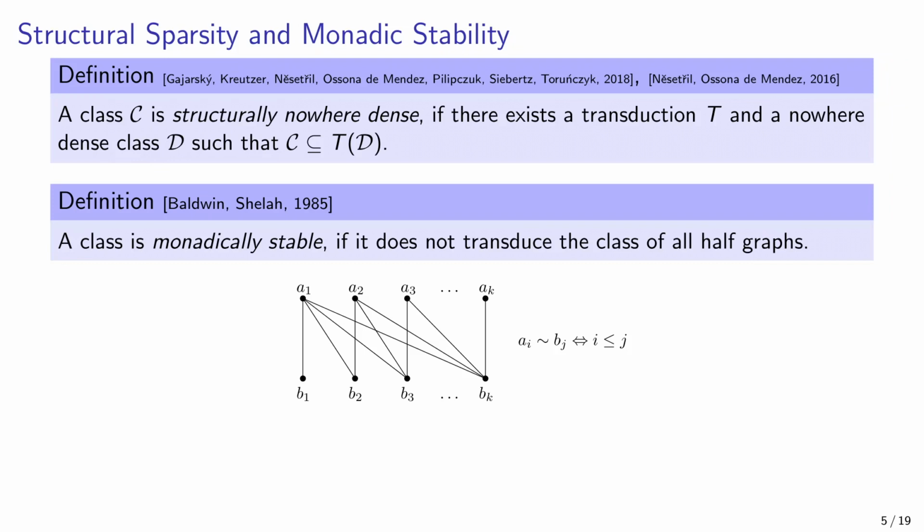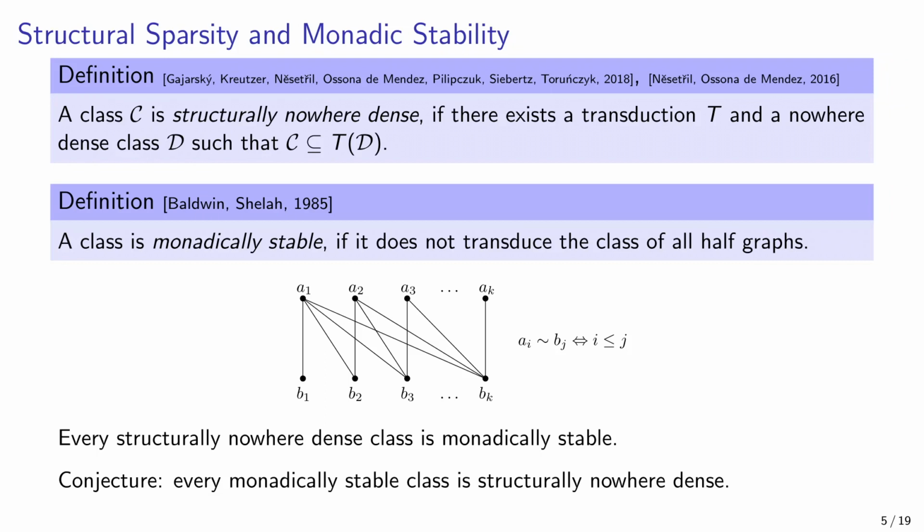A half-graph is the graph equivalent of a linear order. The half-graph of size k is made up of 2k vertices, a1 to ak and b1 to bk, and we connect ai and bj if and only if i is smaller or equal to j. So there you really see why it is an order.